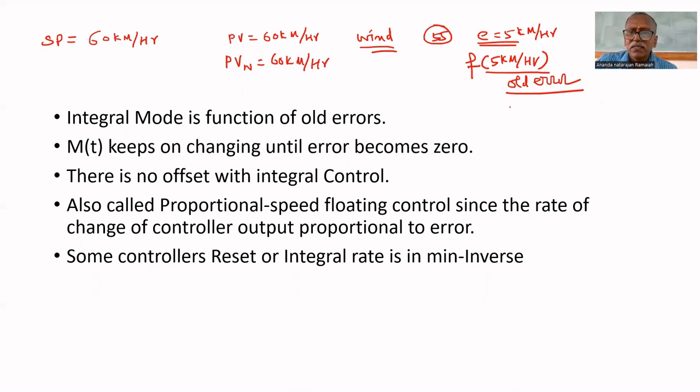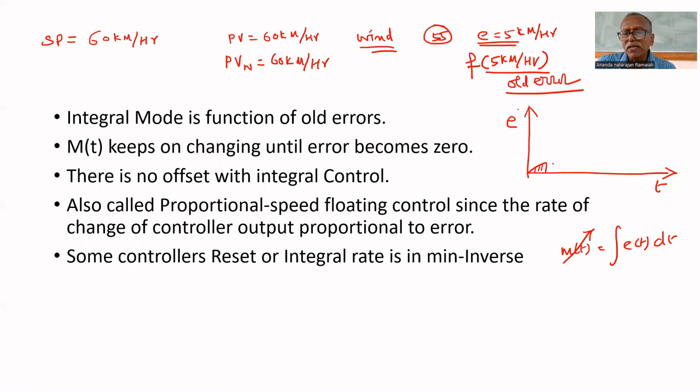How to obtain that? Suppose you have a system that has an error. If you plot the error introduced, this error will be integrated. Therefore, M of t starts increasing, because it is a function of the integral of E of t dt, the integral mode.